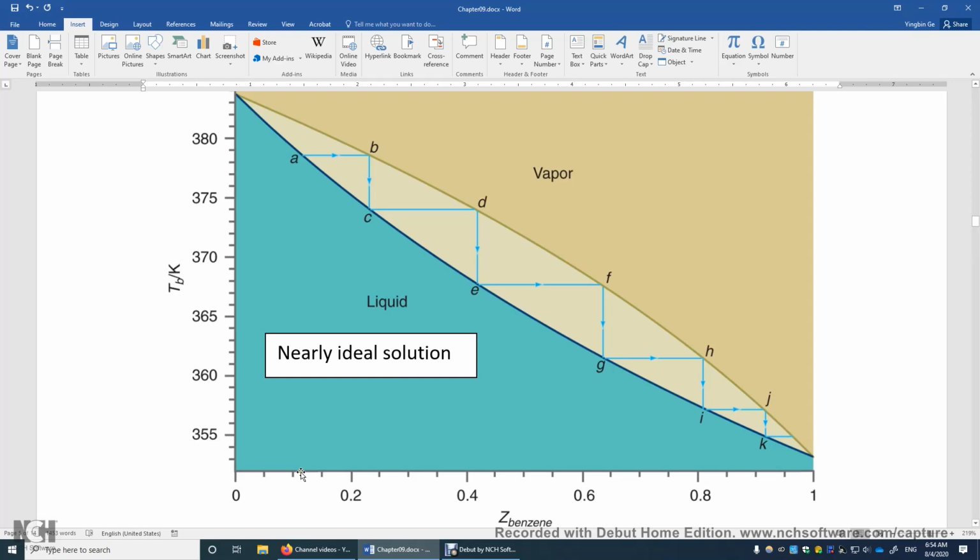So it's mostly toluene, just a little bit benzene. Somehow we can purify this solution, not to get pure toluene, but to get pure benzene. So it's only 11% benzene, and yet our goal is to get high purity benzene. Alright, how do we do this?